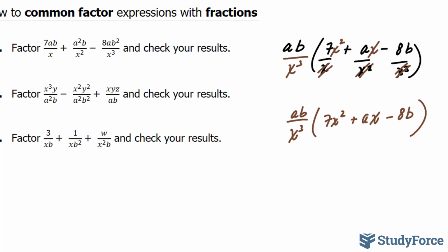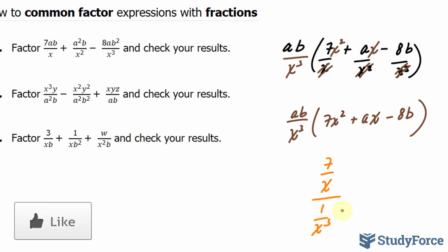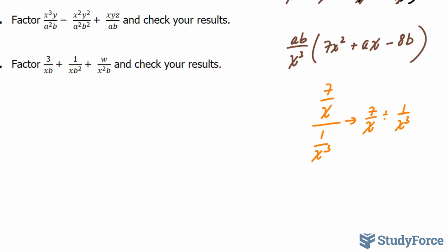Now the reason why we chose the highest degree is, take for instance 7 over x, which was this term before we factored out x to the power of 3. When you common factor, what you're technically doing is dividing out that factor from that term. So if I divide this by 1 over x to the power of 3, I'm left with 7 over x divided by 1 over x to the power of 3.